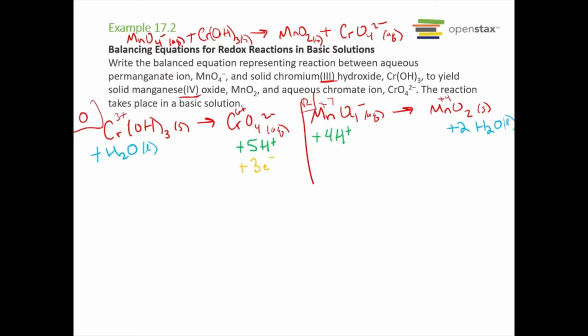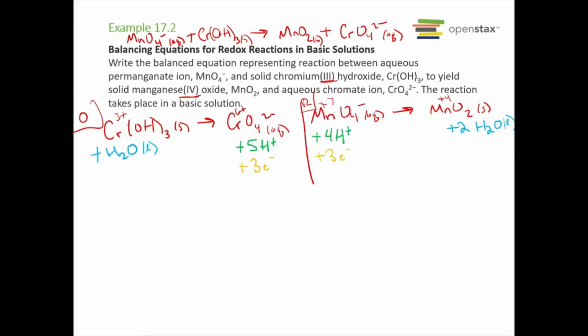So then that gives us 0 on both sides of that equation. For the manganese side, we have -1 plus 4 gives us +3 on the left and 0 on the right. So we need to add 3 electrons on the left side. So then this time we have 0 charge on both sides. And we see that both of them have the same number of electrons being added. So we're good there. We don't need to multiply by a number.